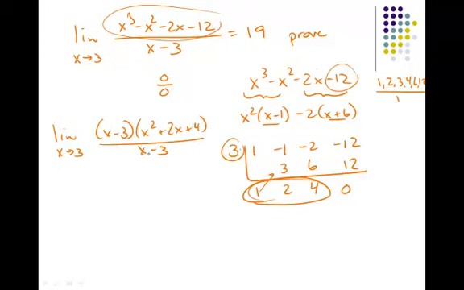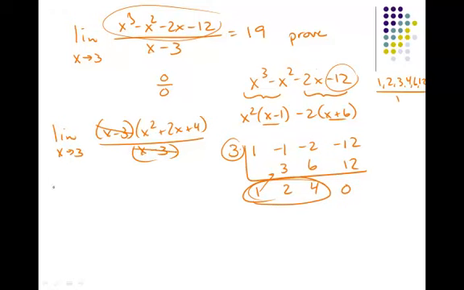And you can see that at this point I have two choices. The example continues on by finding the limits of each of these individual pieces. No, excuse me, I'm sorry, they don't. They go ahead and cancel.